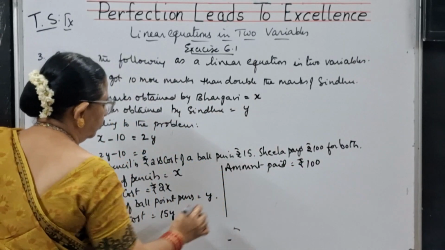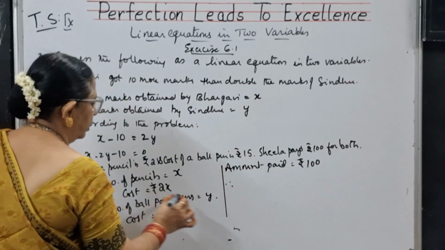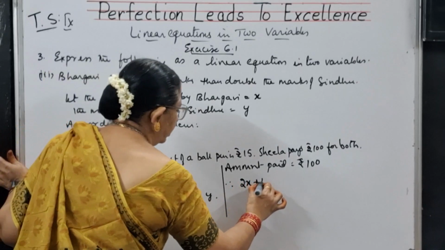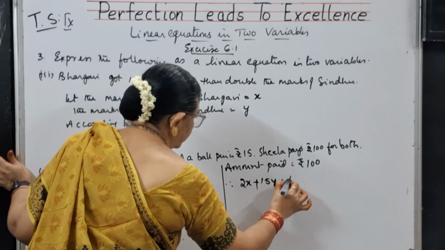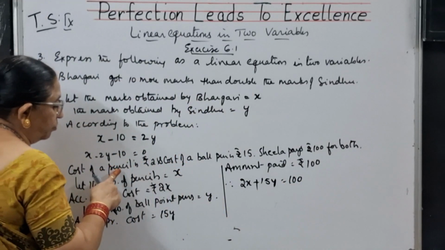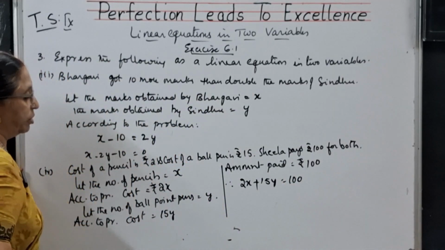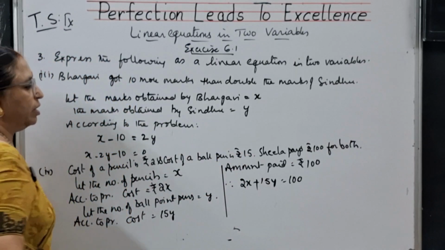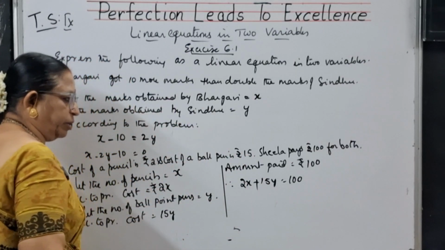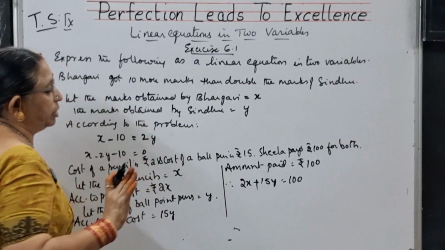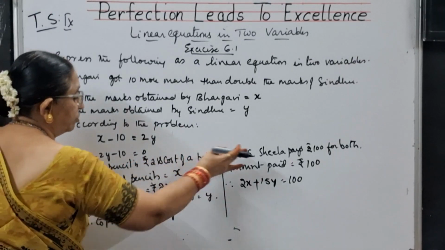That means we can say 2x rupees plus 15y rupees is equal to 100. Why? Because they said one pencil costs 2 rupees and one ballpoint pen costs 15 rupees. Since she has paid 100 rupees, she has not purchased just one pencil and one ballpoint pen; if you add these two, you get only 17 rupees.